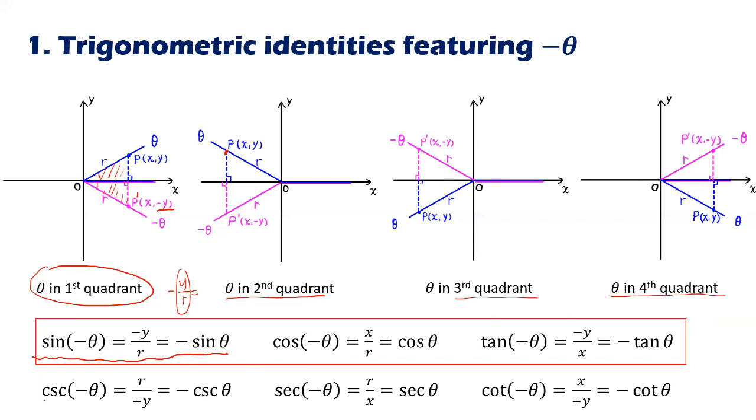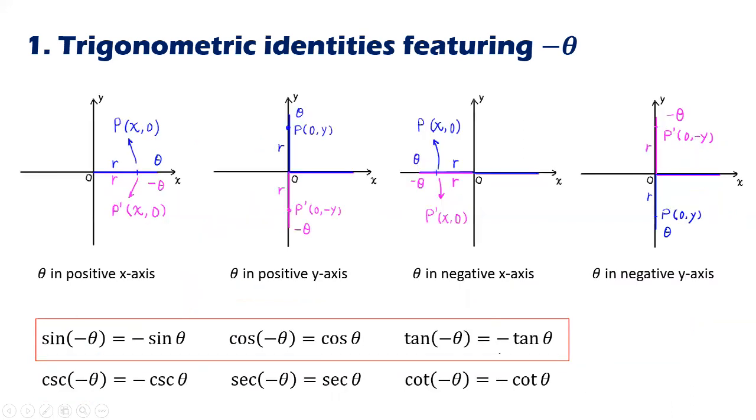For example, because cosecant is the reciprocal of sine, it must have similar properties with sine, right? And secant is the reciprocal of cosine, so it must have similar properties with cosine. And similar thing will happen for cotangent and tangent. Do you understand?